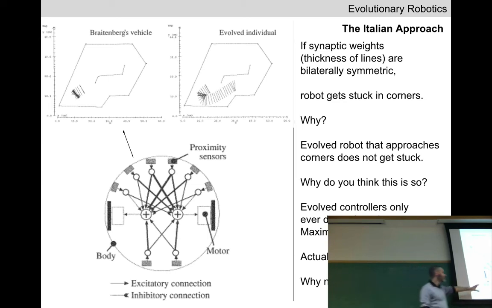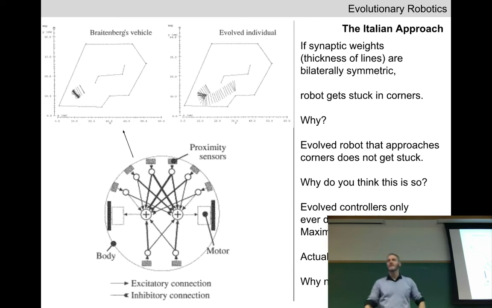Again, humans tend not to think that way, right? We like nice, clean, symmetric things. Evolution says, no, asymmetry works. It's harder if I asked you to sit down and program the weights of this, but you can't use bilateral symmetry because that gets you stuck. It's harder to do, which is just yet one more example that evolution often comes up with a solution that works perfectly fine, but is sort of non-intuitive for us.